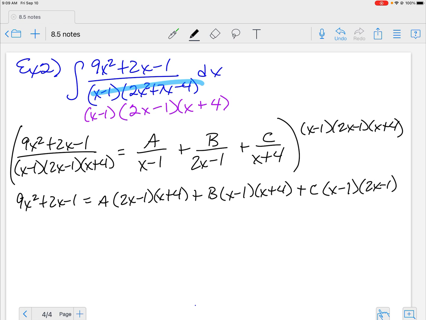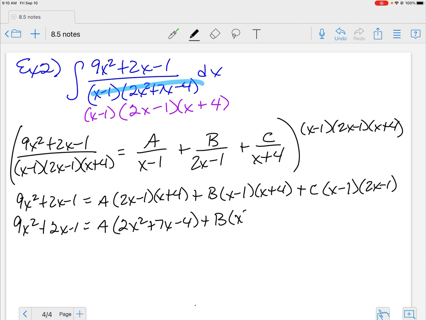All right. Now, multiply that out, and let's see what we've got. So, 9x squared plus 2x minus 1. If I FOIL this, we've got 2x squared. Oh, we already know what that one is. But plus 8 minus 1 is a 7, minus 4.